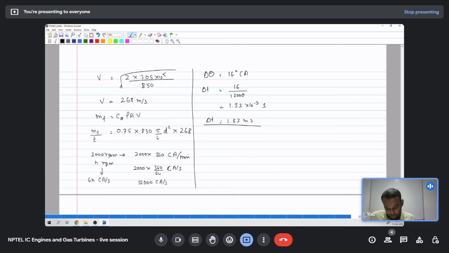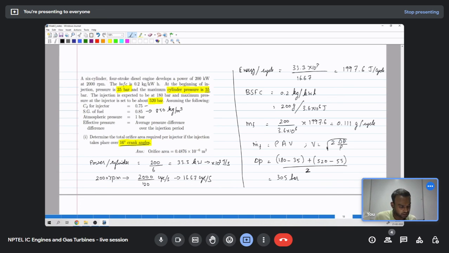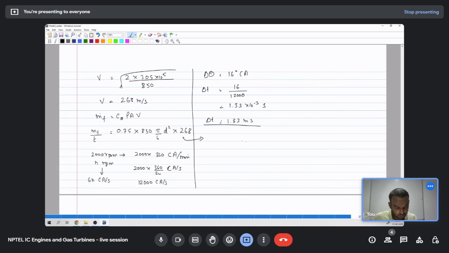Now using this, putting this expression, we have m dot f, that is mf by t, on the left hand side. Mf we have calculated as 0.11 gram per cycle. Having this in SI units, I have into 10 power minus 3, so the mass will become kilogram, and in the denominator I have 1.33 into 10 power minus 3, again to be in SI units.